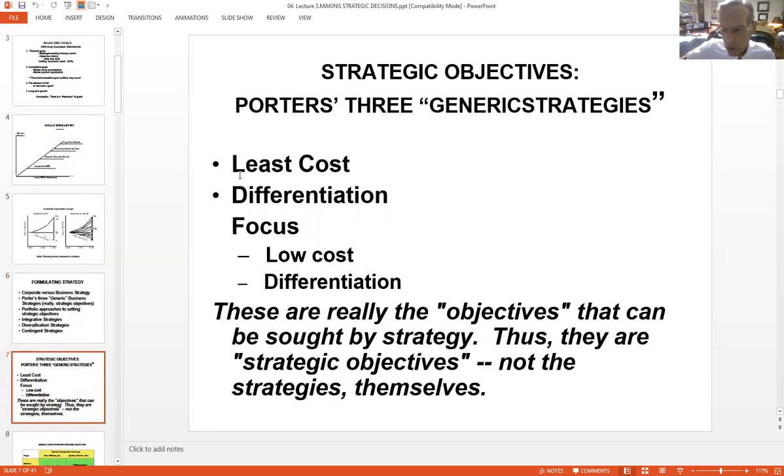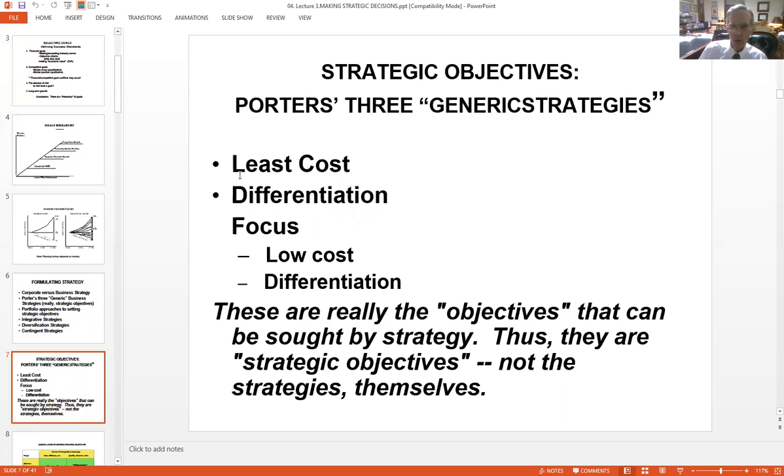Okay, so those strategic objectives that we talked about, Porter's least cost, differentiation, and focus. As I mentioned, these are really strategic objectives. They aren't the strategies themselves. I'm assuming that you've heard about Porter's least cost, differentiation, and focus strategies.